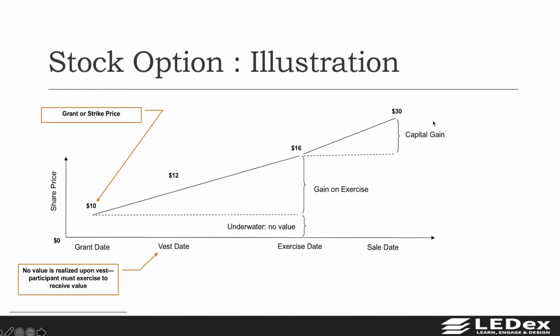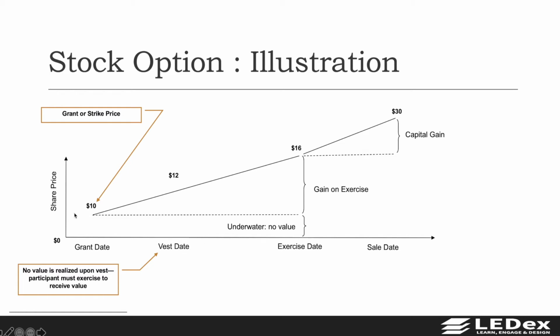Now, how a stock option would work is at the grant date, there would be a price that is set for the option, which is referred to as the grant or the strike price. Now, in this example, the strike price is set at the same price as the share price in the market on that particular date.